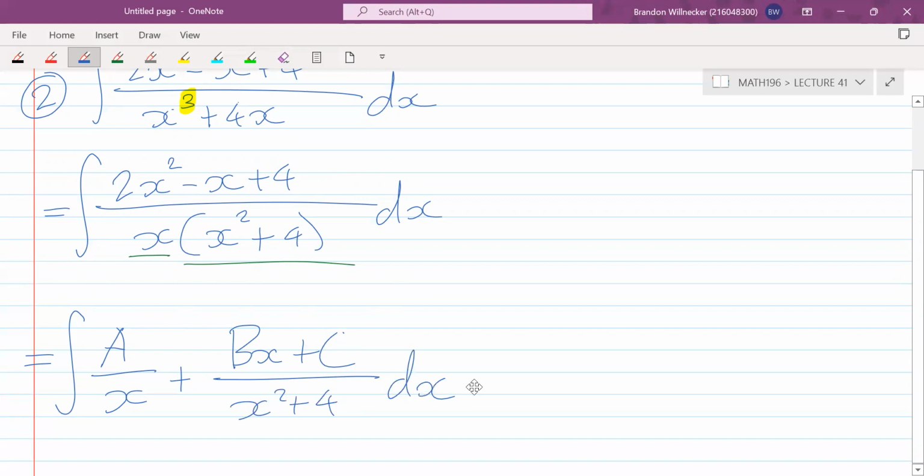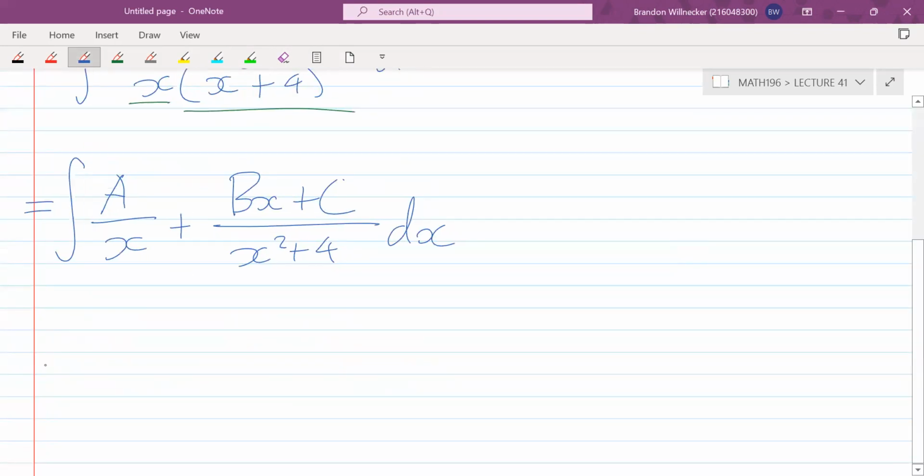Okay, so just keep that in mind. If the denominator is a quadratic, which you can't simplify anymore, the numerator has to be linear. And if the denominator was a cubic that you can't factorize anymore, then the numerator will have to be a quadratic. Okay, so please just keep that in mind.